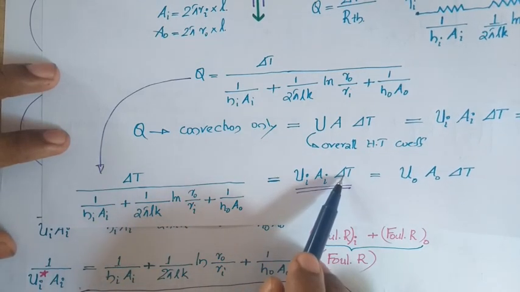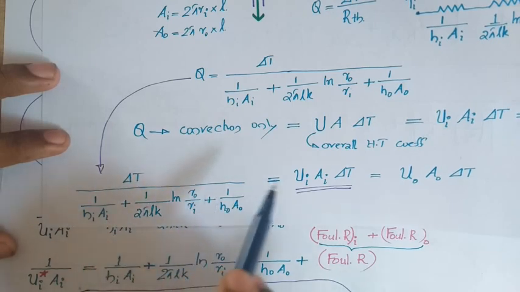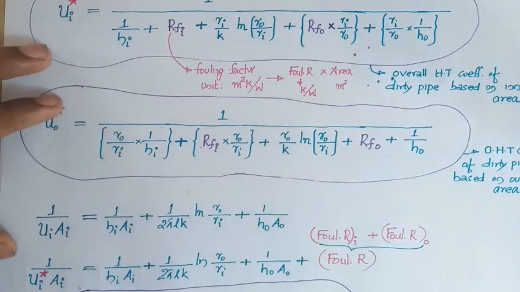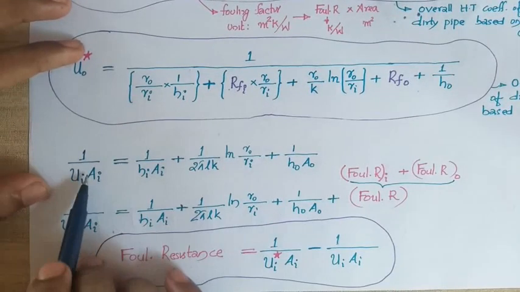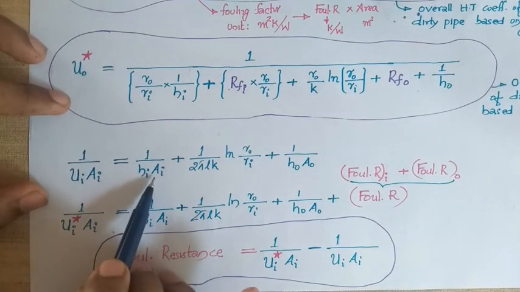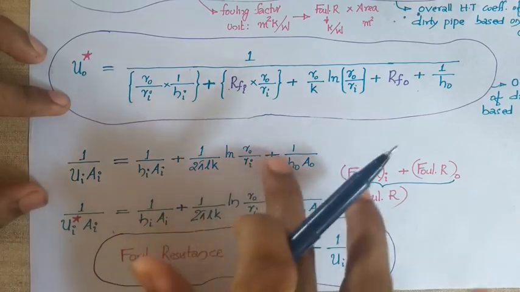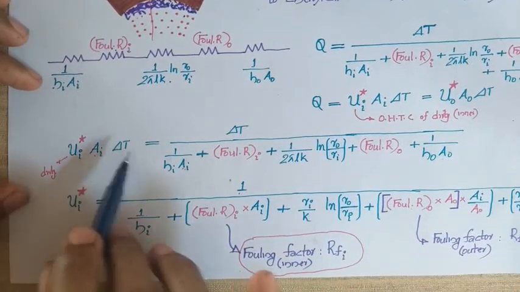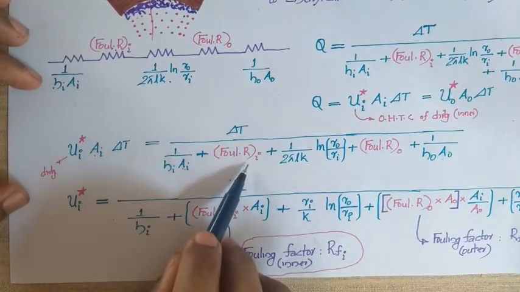So from this delta T will be cancelling. If you are finding 1 divided by Ui Ai, it will be giving you this expression, 1 by h Ai plus this expression. And from here you are having Ui star Ai into delta T equal to delta T divided by this total thermal resistance.